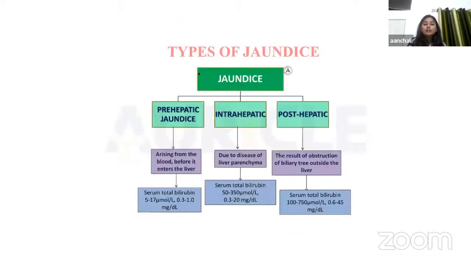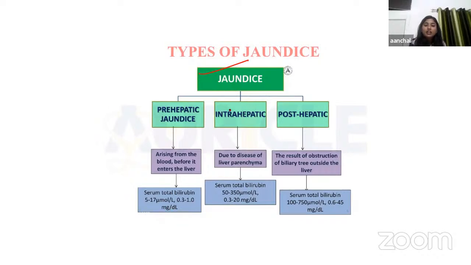Then finally, the types we have discussed. In prehepatic jaundice, the problem arises in the blood before it enters the liver, and the total serum bilirubin level is 0.3 to 1.0 mg per deciliter.